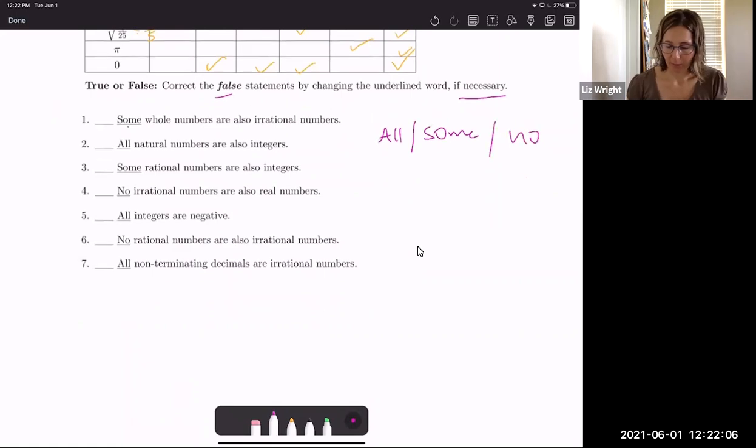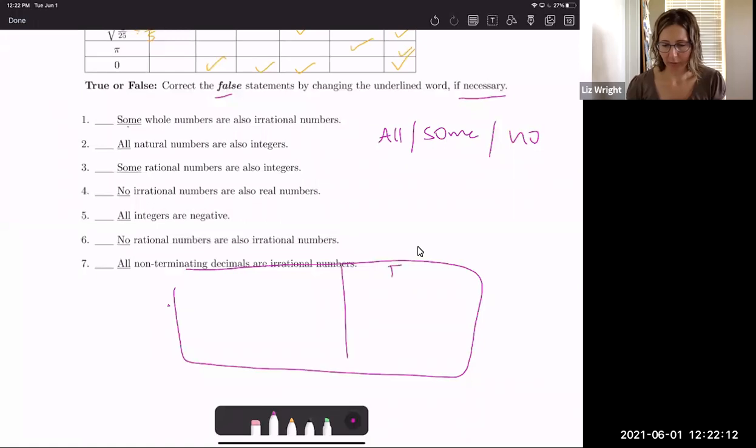And one thing to keep in mind, let's draw up our little diagram to help us. So we've got irrational over here, and then we've got rational over here. And then it's natural, whole, integer, rational, and then real is over the entire thing.